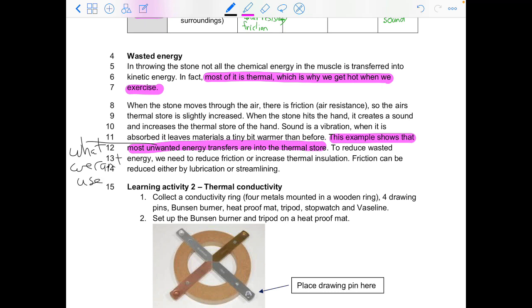So our unwanted energy transfers, our wasted energy, is energy we can't use. So we can reduce this wasted energy. We either need to reduce friction so that things slide easier, or increase thermal insulation. So just insulating things.